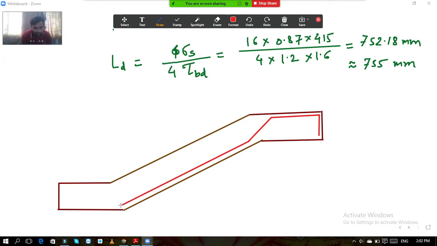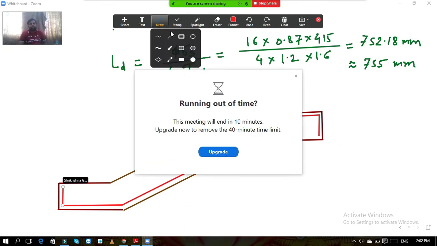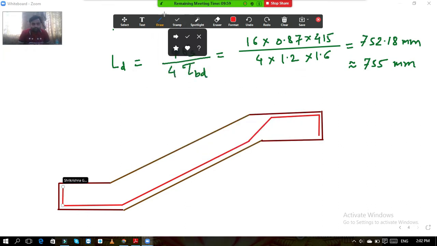Further, it is continued here up to this point, and after that, finally, it goes up. So this is your main steel bar. Okay. So this is your main steel bar.